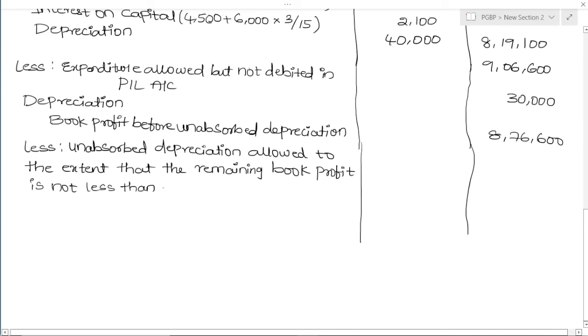So anyhow not less than, that's why we will deduct 50,000. We will write 50,000. So from 8 lakh 76,600, if we deduct 50,000, then we will get book profit of 8 lakhs 26,600. We'll get book profit of 8,26,600.